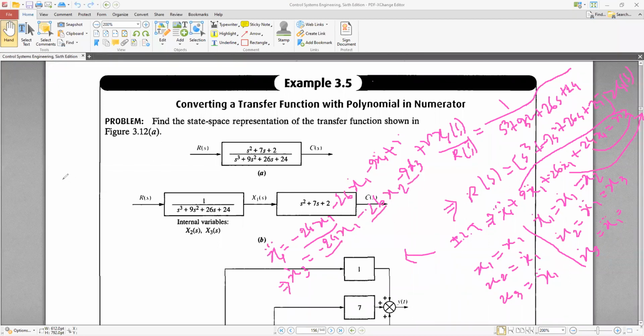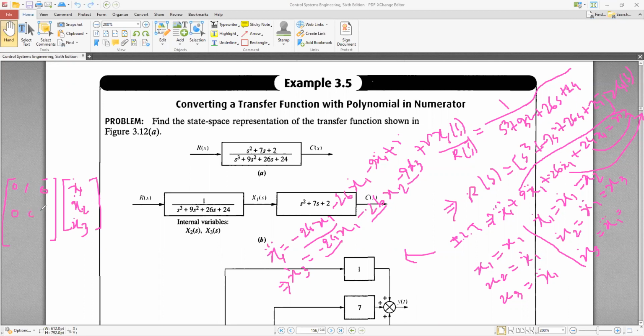So if I make it in matrix form, x1 dot, x2 dot, x3 dot, and here the coefficients would be: the first row has only x2, so 0 1 0.